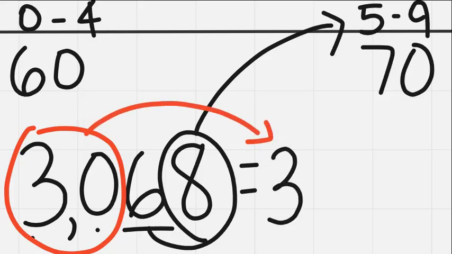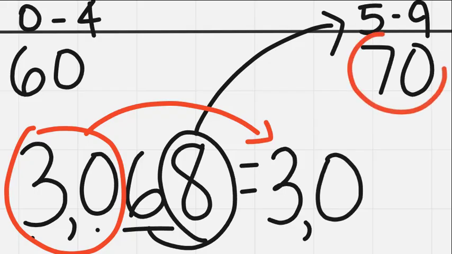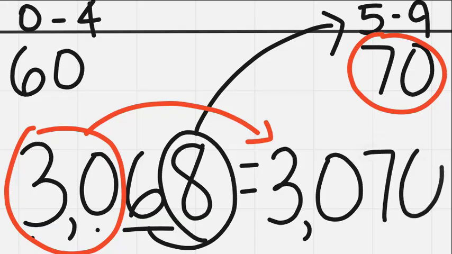So we'll write 3, 0. Then we'll copy 70 because that's what 68 rounds to. So 3,068 rounded to the nearest tens is 3,070. Be sure to check your work.